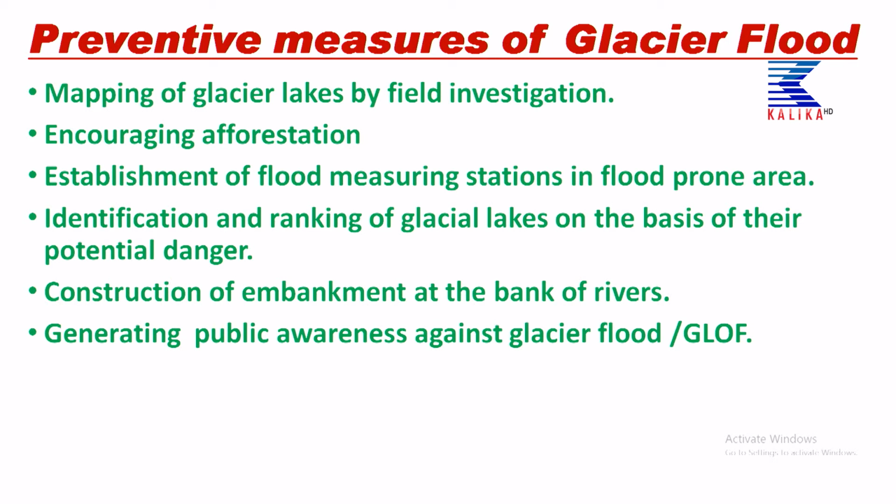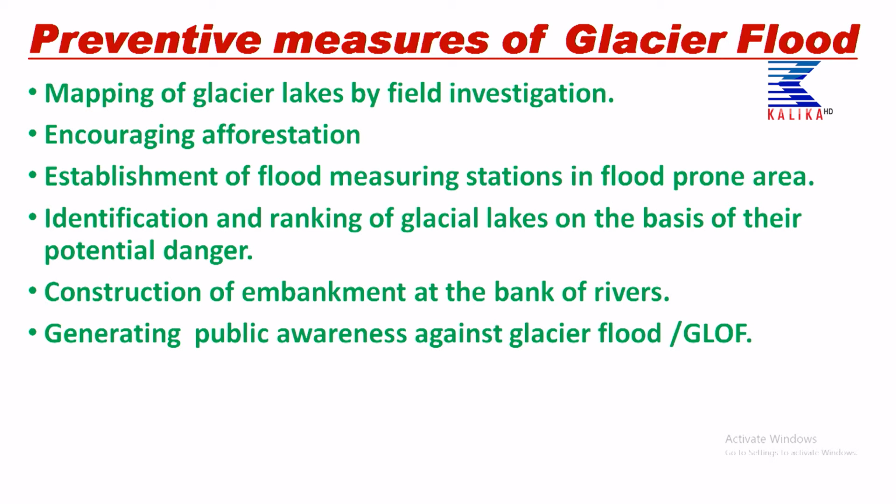Establishment of flood measuring stations in flood-prone areas, labeled for example as the green zone, yellow zone, red zone. So when the flood level reaches the yellow zone, it warns the people and they need to evacuate that area. Construction of embankments at the banks of the rivers. Embankment means a dam that controls the flood.